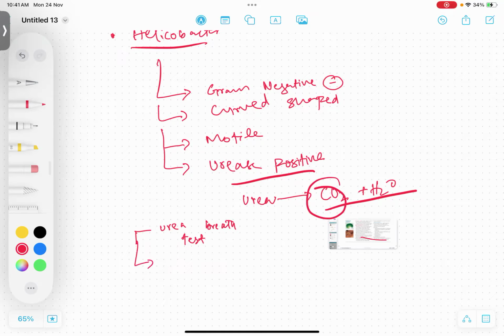Another important test is biopsy in endoscopic procedures, so you can also look for H. pylori in the endoscopy as well. These are the important characteristics of H. pylori.